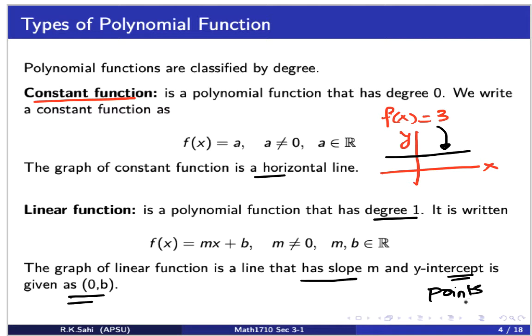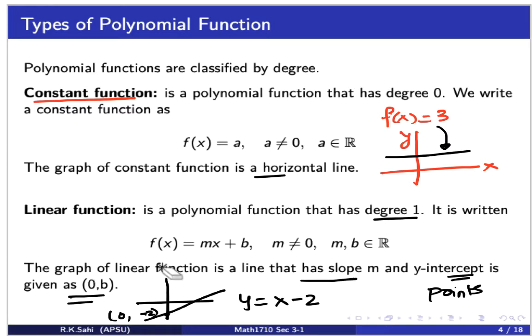Intercepts are points. Okay, so let's draw a linear function. The graph, as we say, is a line. Suppose I have this graph. So this is basically, say, y equals, now it's going up, that means a positive slope, say x minus 2. This point is given as (0, minus 2).